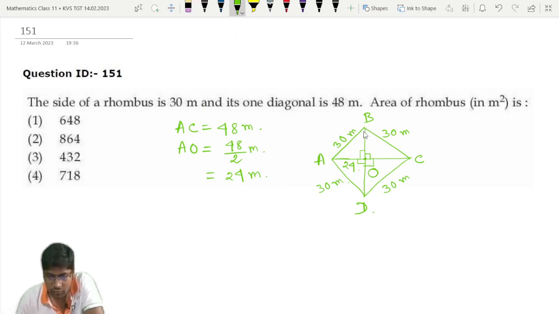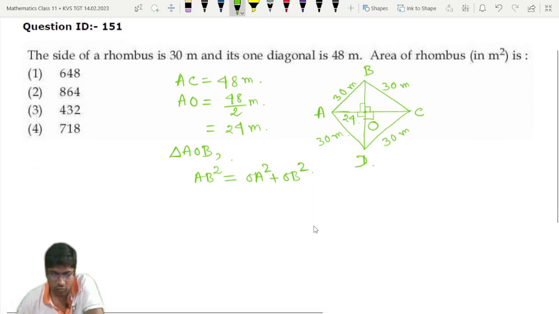Now come to the right angle triangle OAB. Triangle AOB is a right angle triangle. So here we can write that AB square, the hypotenuse, is equal to OA square plus OB square. From this relation we will get OB.